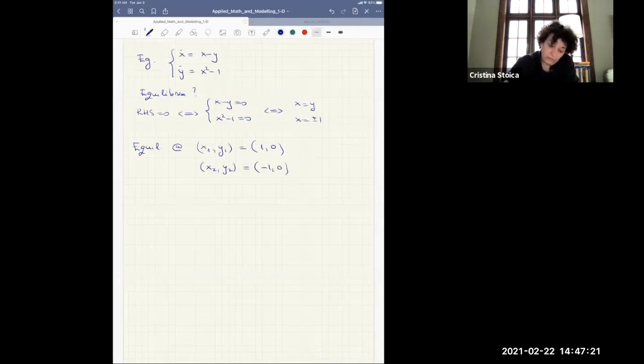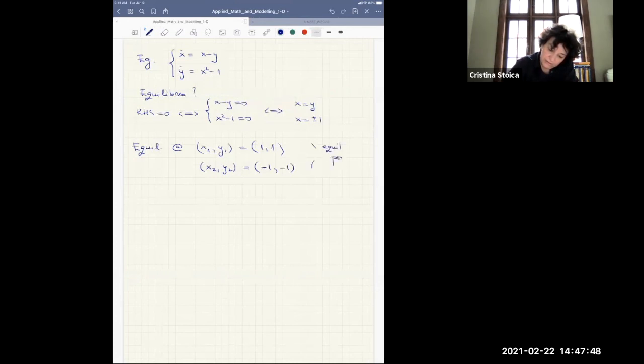Why did I put 0? Because I'm not on x equals y, right? So it's minus 1. I think it's straightforward. So we just solve for the right-hand side equals 0. So these are equilibrium points.